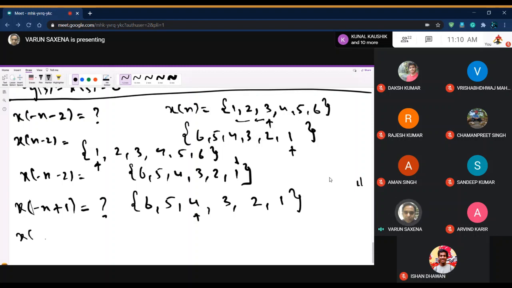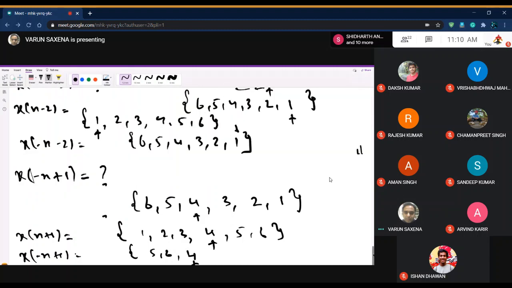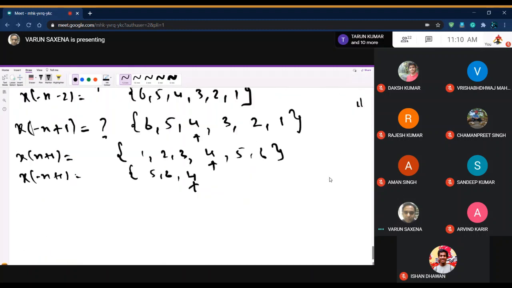First you will do xn plus 1. It will bring the 0 to 4, and then you will have minus n plus 1. It will just flip everything about this 4, so it becomes 5, 6, you get a 4, and then you get 3, 2. So this is your answer.